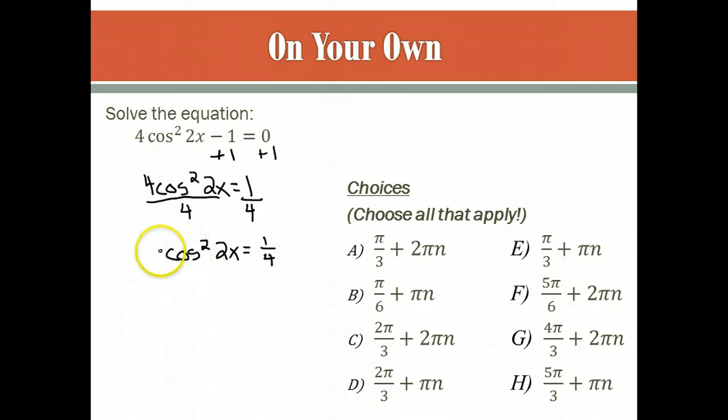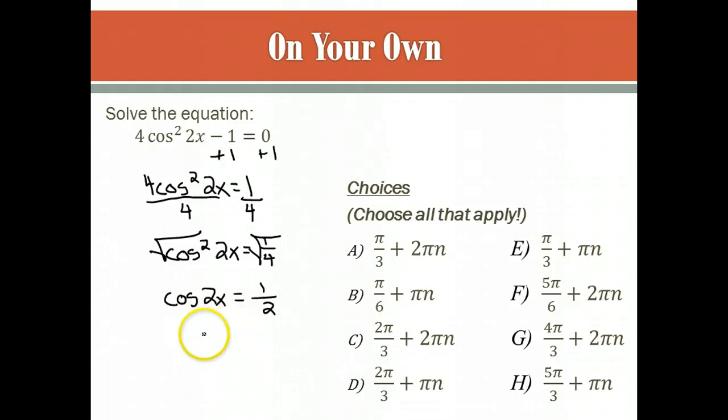And then I would take the square root of both sides. And that would give me cosine 2x is equal to 1/2, since the square root of 1 is just 1 and the square root of 4 is 2. So I've got the trig function isolated.